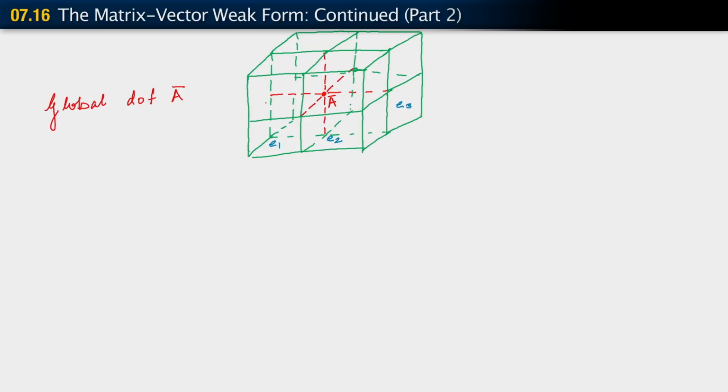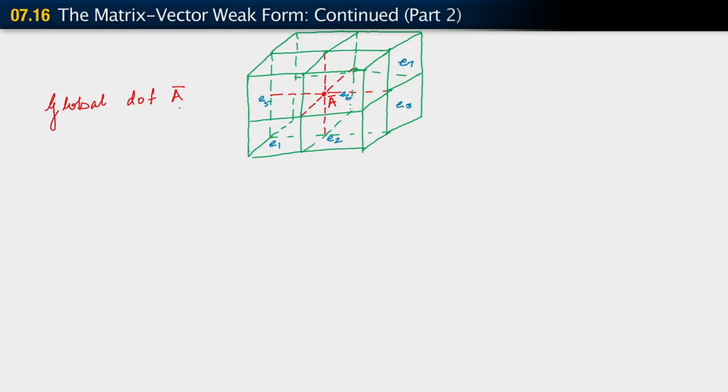Okay? We continue. I'll call this element which is to the front, up, and to the left as E5. The one that's front, up, and to the right as E6. The one that is behind, to the right, and up is E7. The last one is E8. Okay? So what I'm trying to show here is that a general internal node belongs to 8 different elements. Okay? Since we are working with hexahedra.